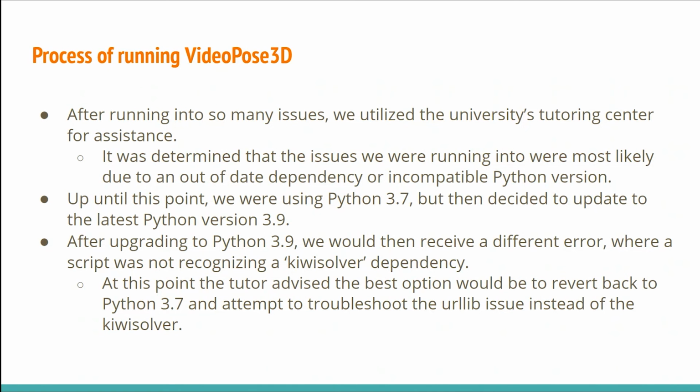However, after upgrading to 3.9, I got a different error where the script was not recognizing a kiwisolver dependency. At this point, the tutor advised me to just go back to Python 3.7 and attempt to solve the urllib issue, which seemed to be more plausible than trying to solve the kiwisolver issue we were having.